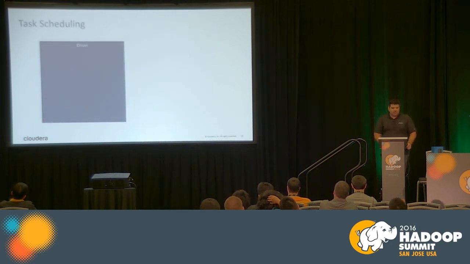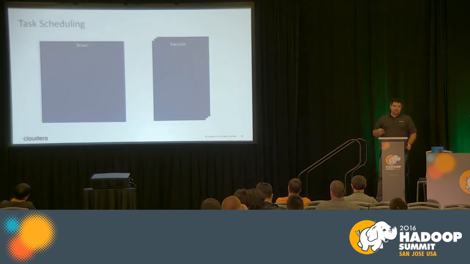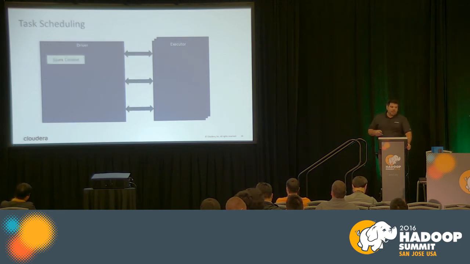Okay, so let's get into a little bit about how Spark breaks down our jobs into what actually runs on the cluster, and then we'll talk about locality. So in Spark, we have a driver, and we have an executor; we can actually have multiple executors. These executors communicate with the driver. And within the driver, we have our Spark context.